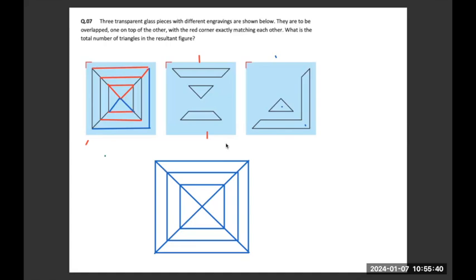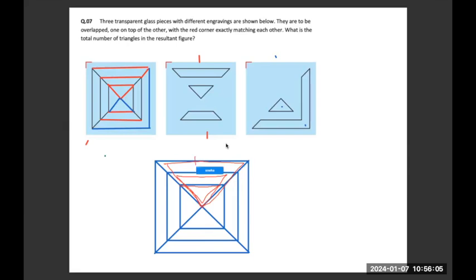Now, if I were to count the number of triangles, it's again an equation basis. So 1, 2, 3 triangles.